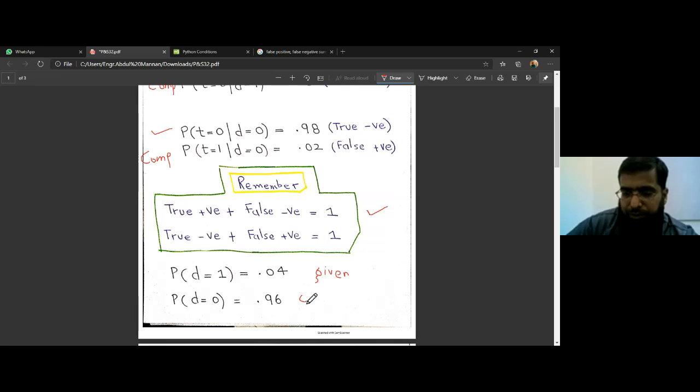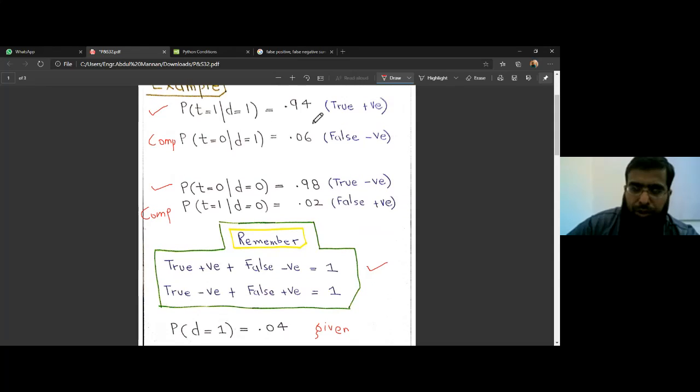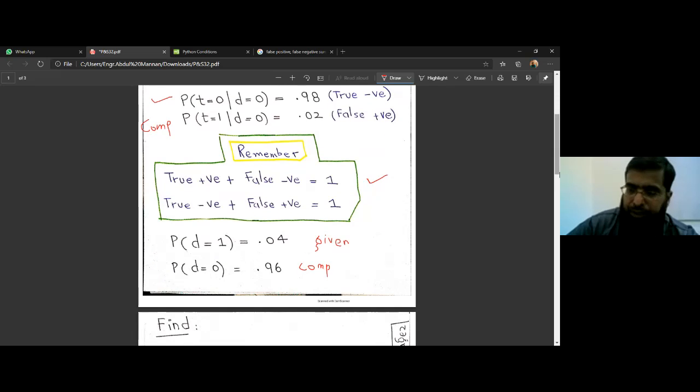So this is what we can compute by subtracting from 1. D equal to 1 means the disease is present, so probability of d equal to 0 would be 1 minus 0.04, which is 0.96. If it is present in 4%, it is not present in 96% of the population. So given all these probability values, how many? 1, 2, 3, 4, 5 and 6. We can find the unknown.